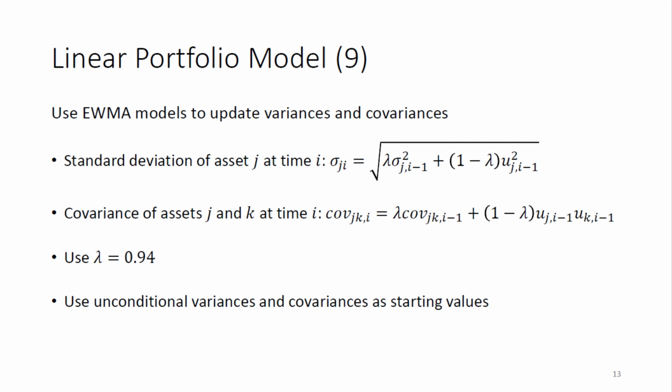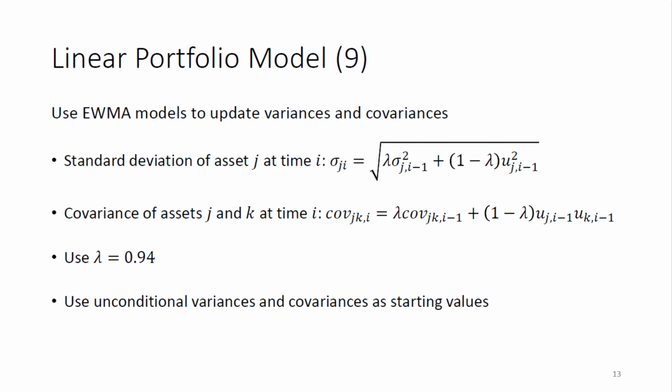And I need to set starting values to begin these recursive schemes. The first variances and the first covariance elements that I set are the unconditional variances and covariances from all the historical observations.